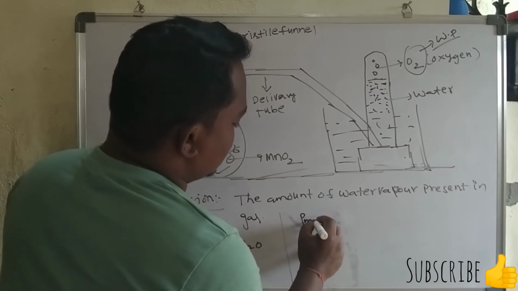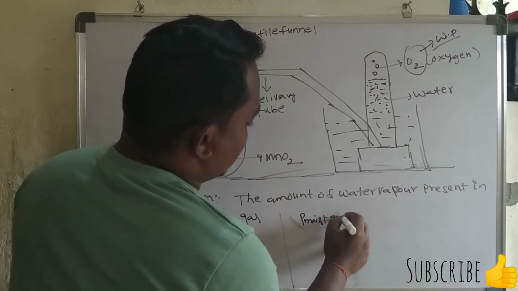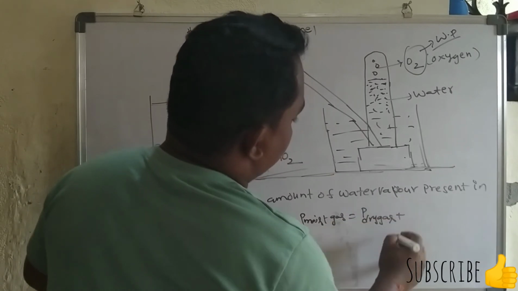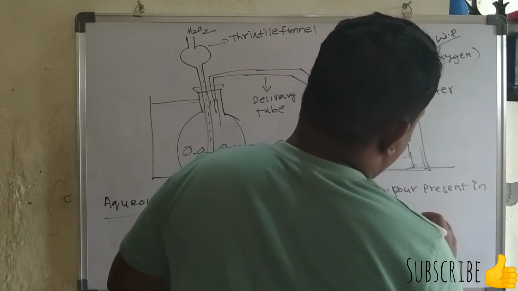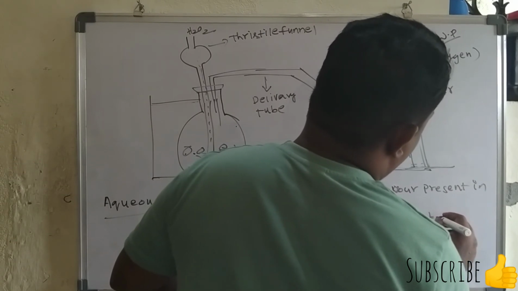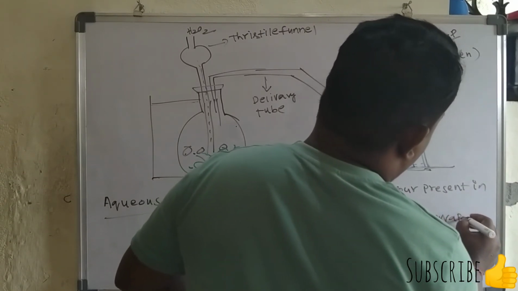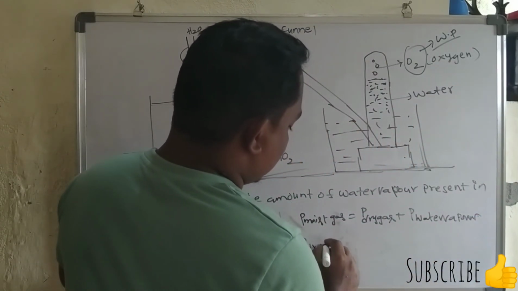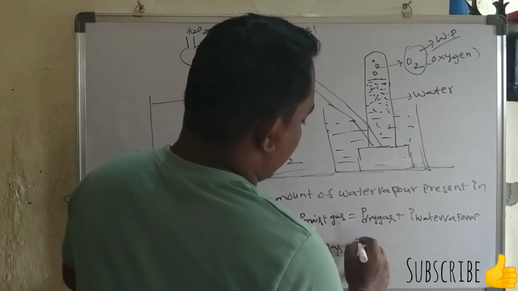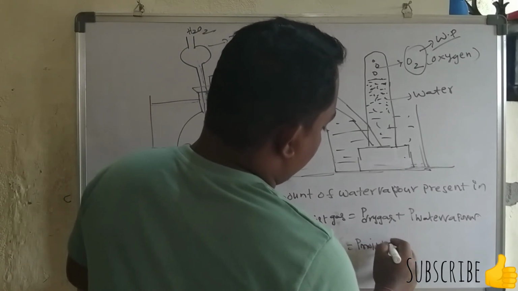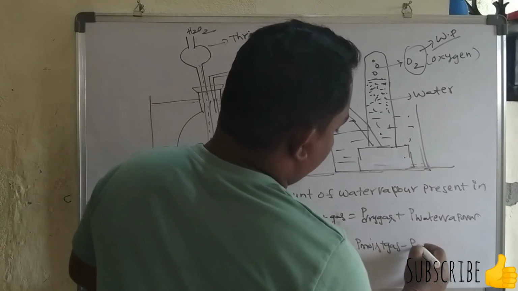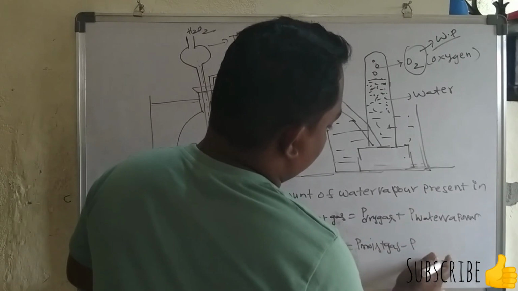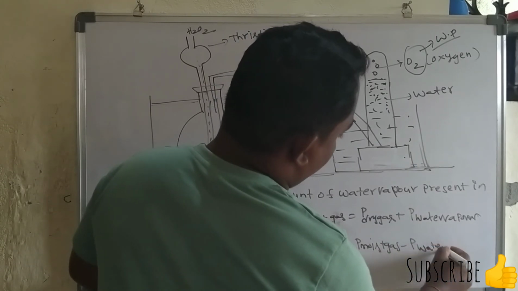Otherwise we can write it like this also. Pressure of moist gas is equal to pressure of dry gas plus pressure of water vapor. Then pressure of dry gas is equal to pressure of moist gas minus pressure of water vapor.